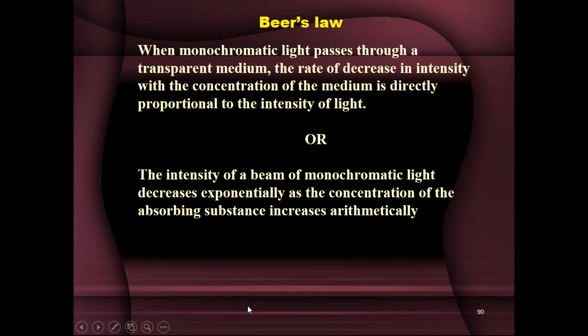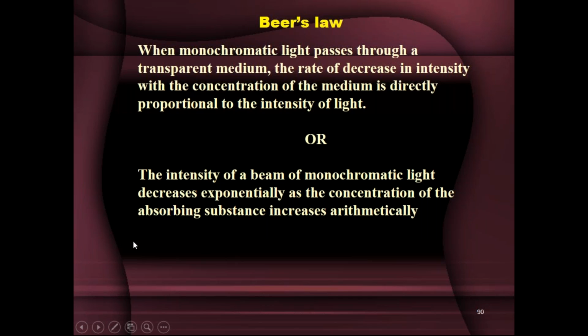Or what it implies is that the intensity of a beam of monochromatic light decreases exponentially as the concentration of the absorbing substance increases arithmetically. So it's an inverse logarithmic relationship between the intensity of light and the concentration of the solution.